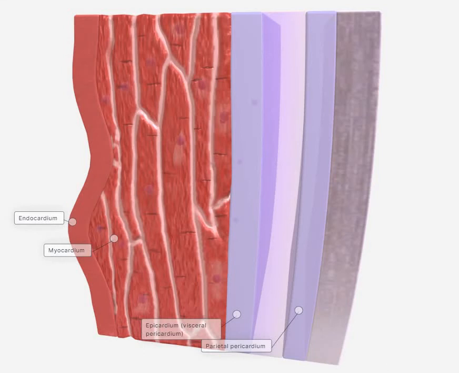So it's the region between the lungs from the sternum to the vertebral column, from the first rib all the way down to the diaphragm.